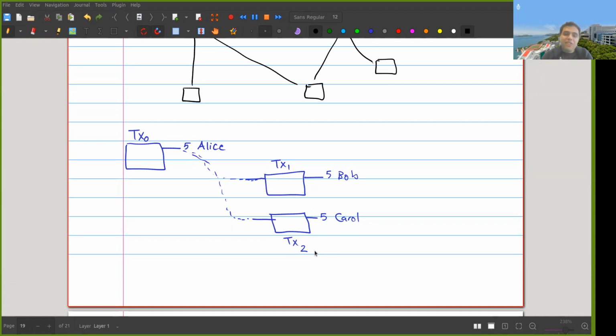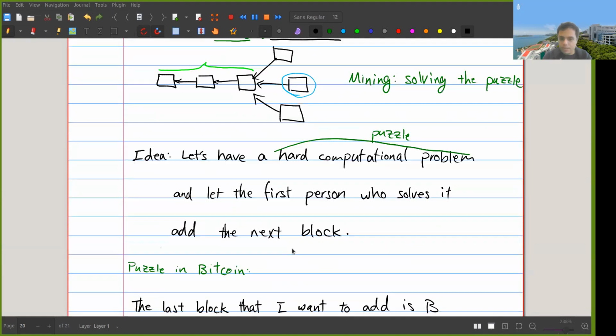So effectively what happens is that at the end of the day, one of these two transactions will go on the blockchain, but not both, because at the end of the day, we will reach consensus about the order of blocks, and the chain that we reach consensus on only has valid transactions. So the consensus chain will only have one of these two transactions, but not both.